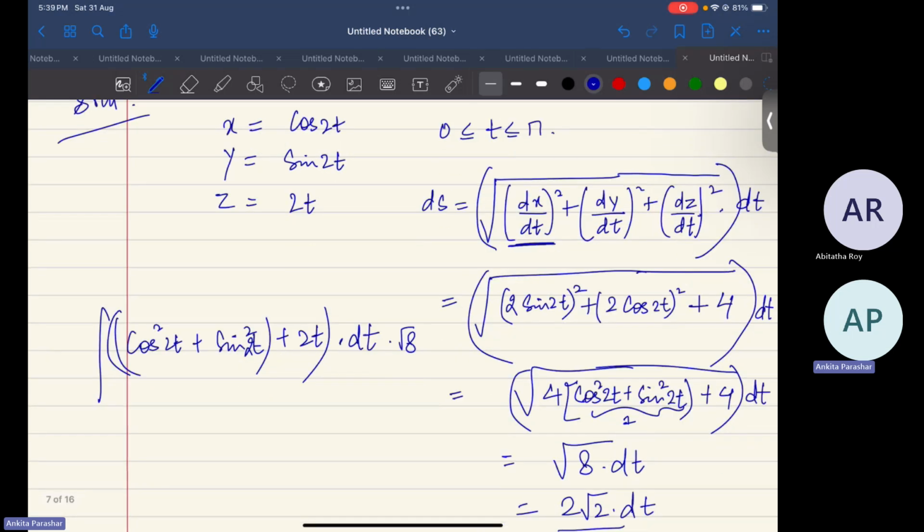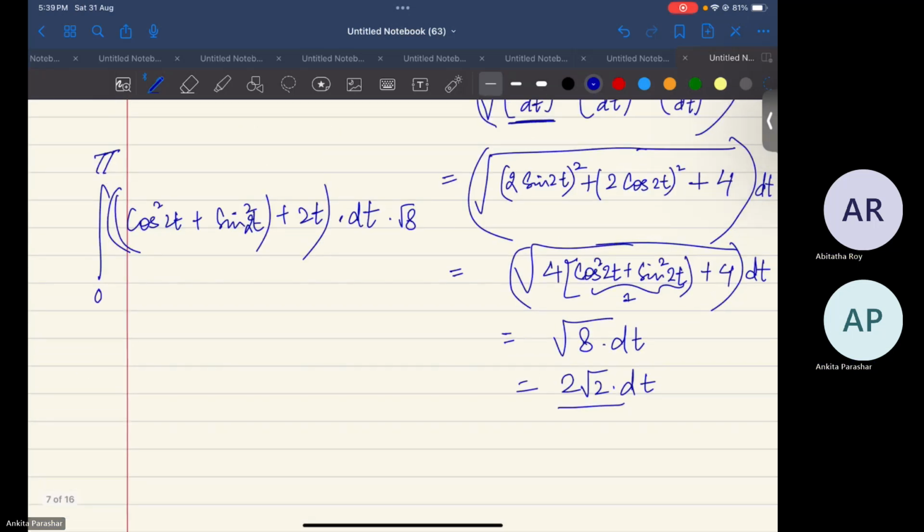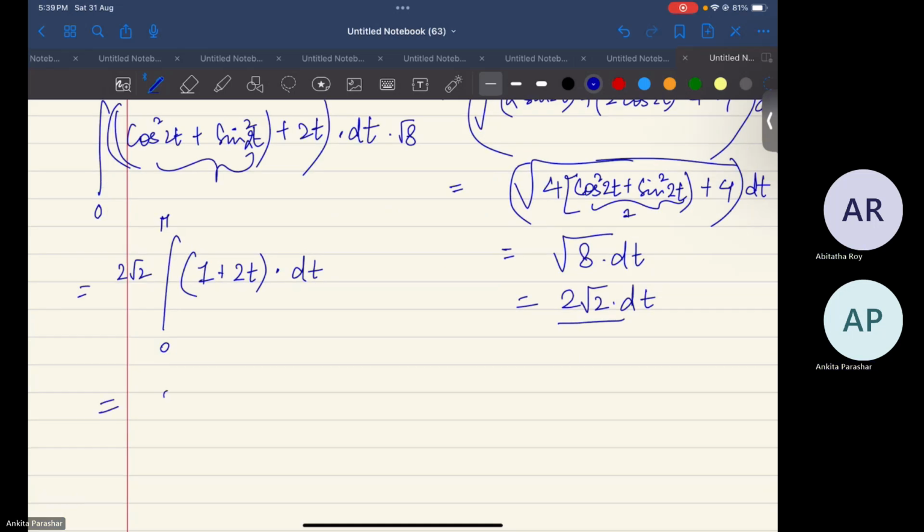And the integral is from 0 to pi. So this is nothing but 1 plus 2t. 2 root 2, I will just take out. 2 root 2 is root 8, dt, 0 to pi. And what will that be?